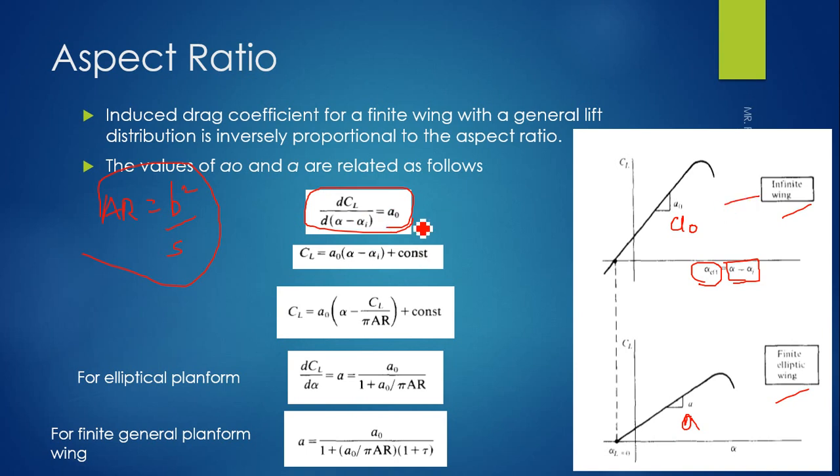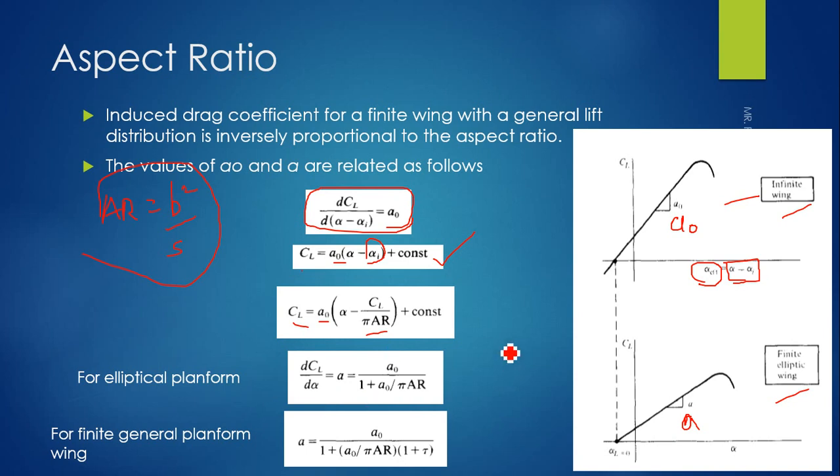From thin airfoil theory we have learned CL equal to a naught into alpha effective plus constant. For the elliptical wing, alpha I is CL divided by pi AR. Therefore CL equal to a naught into alpha minus CL divided by pi AR, plus constant.